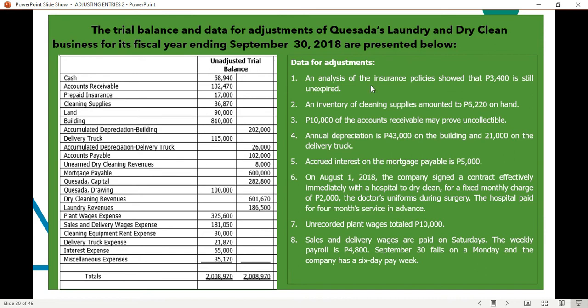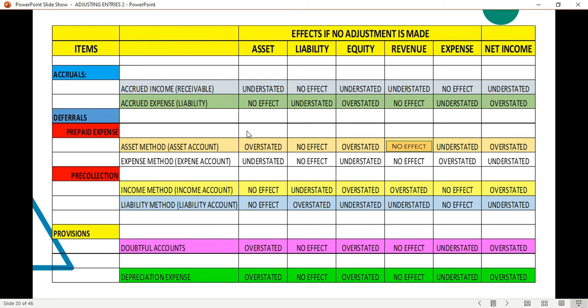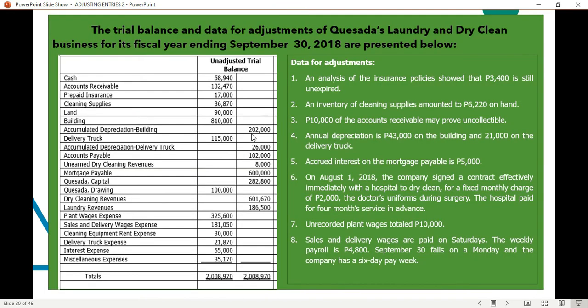It is stated there that 3,400 is still unexpired, so the 3,400 is the asset portion. What you will do is deduct the 3,400 from the 17,000 so that you will know how much is the expired portion.